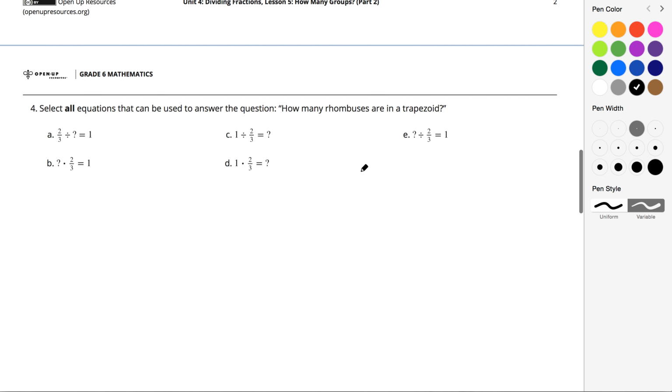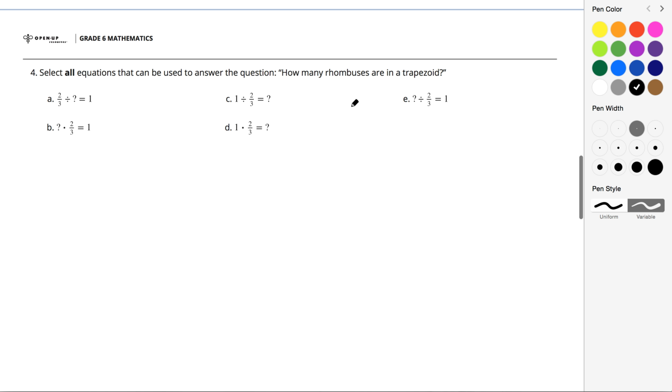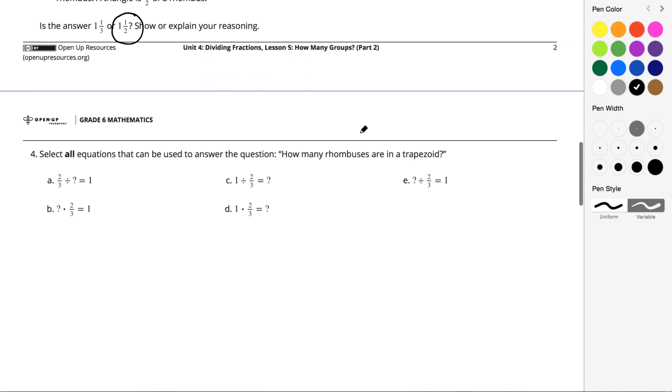Okay, let's take a look at question 4, which, oh, not our last one, we have one more after it. Select all equations that could represent how many rhombuses are in a trapezoid. Now, we said the answer is 1 1/2, which can be described as 3 over 2.